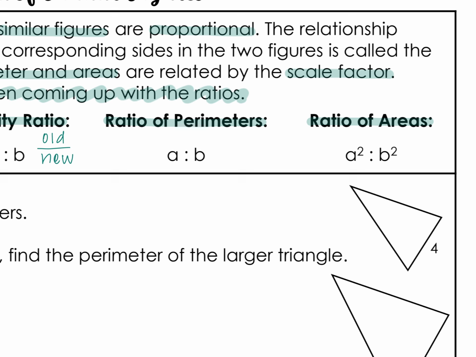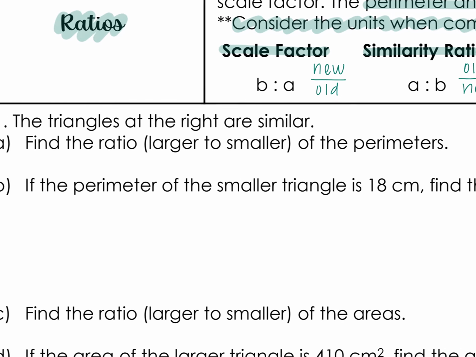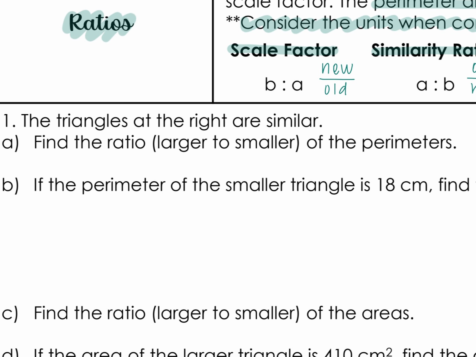Okay, so like I said, consider the units to tell you which ratio you want to be dealing with to solve. So let's look at number 1. So it's telling us here that the triangles at the right are going to be similar. Part A is asking for us to find the ratio from the larger to the smaller of the perimeters.